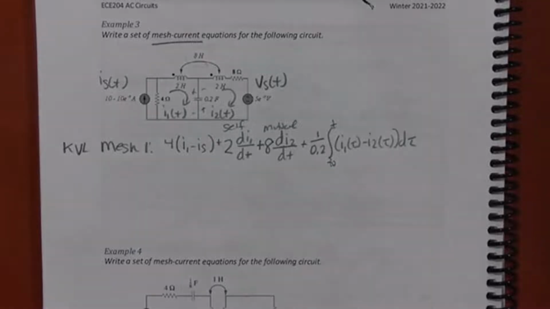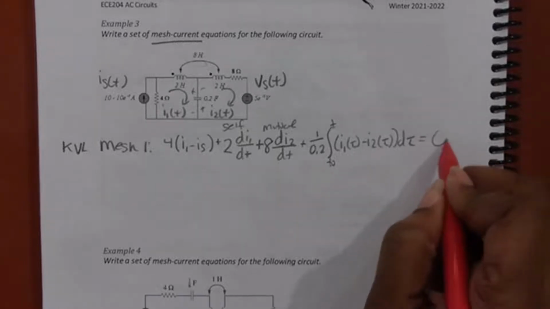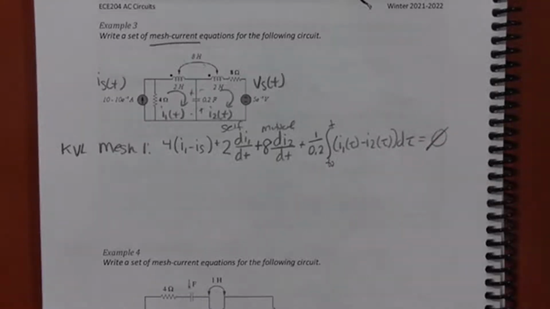The voltage across the cap is 1 over the capacitance, the integral of the current. Since it's shared between two meshes, it's I1 minus I2. And set it equal to 0. Are there questions about that?